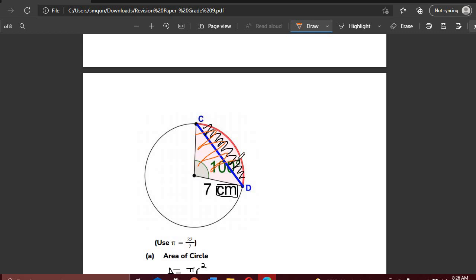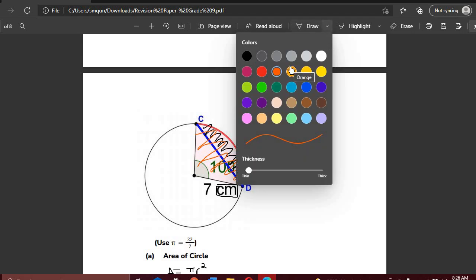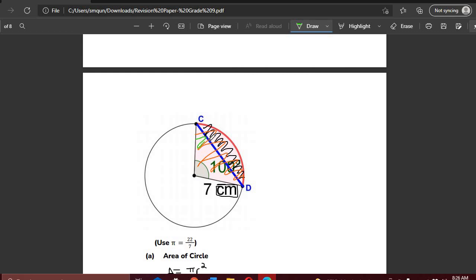So the sector is the part that I'm shading in orange. The parts that we also found the area of the triangle. So the triangle would be the part that I shade in green. Now to find the area of the segment, all you have to do is subtract the area of the triangle, the part in green, from the area of the sector.